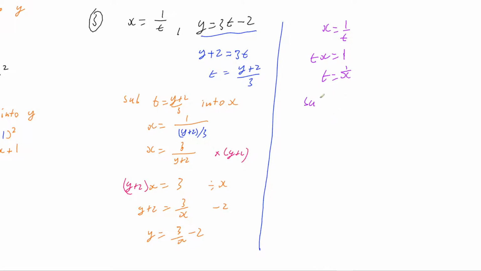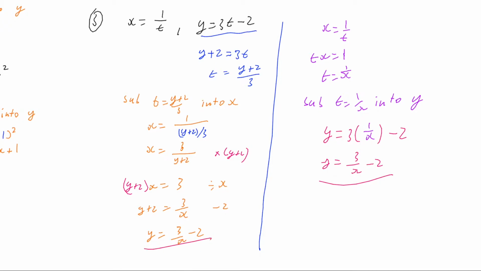If I then substitute t equals 1 on x into my y equation, I get y equals 3 times whatever t is, minus 2, and t is this 1 on x, which if we multiply that 3 in, gives 3 on x minus 2. So we got the same result, and that way was actually slightly quicker.